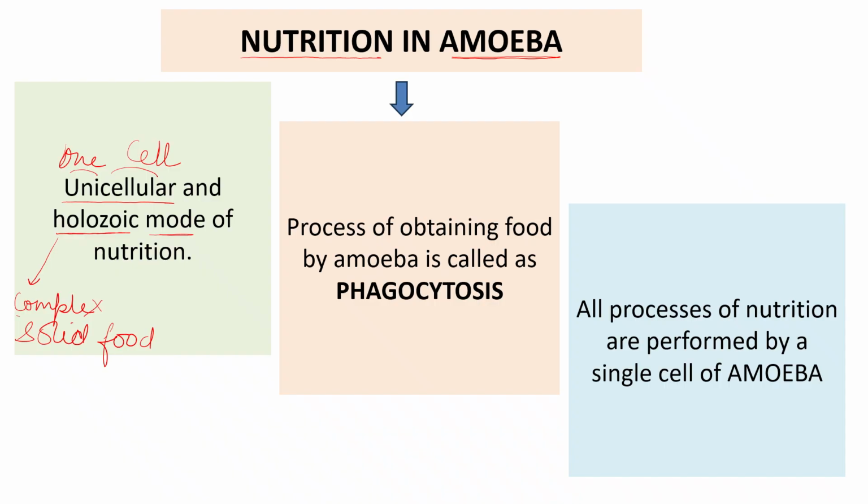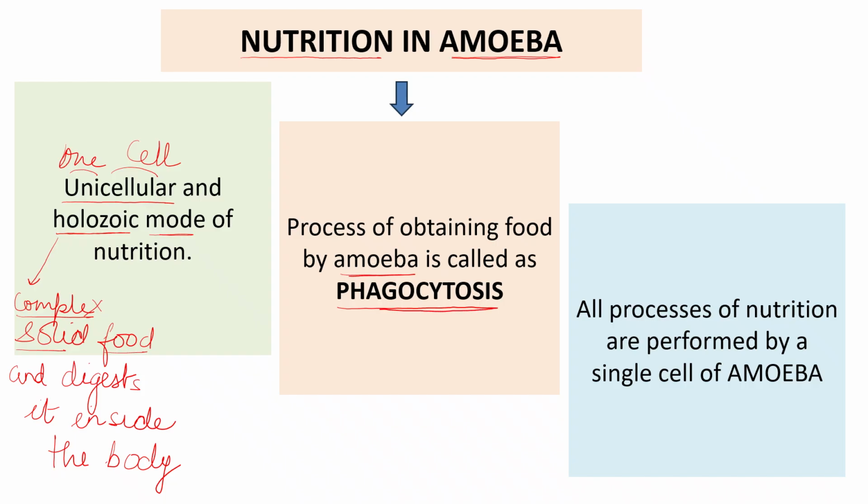That is, the animal is taking complex solid food and digesting it inside the body. So it is known as holozoic mode of nutrition. And the process of obtaining food by amoeba is called phagocytosis, which we will discuss in the next slide.